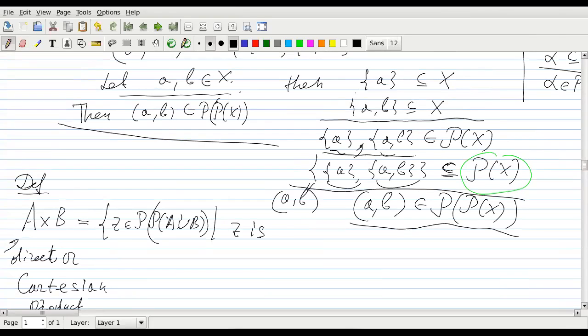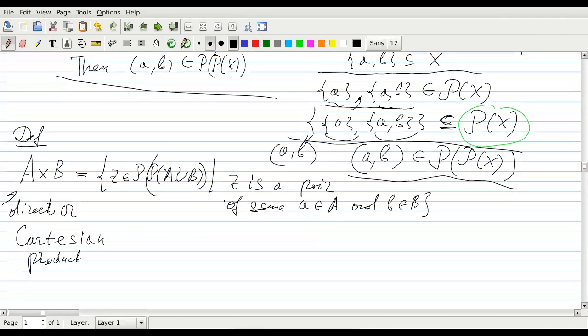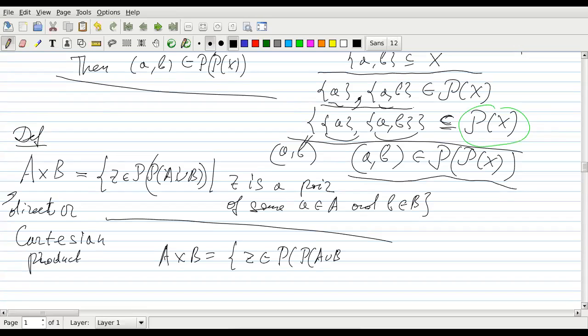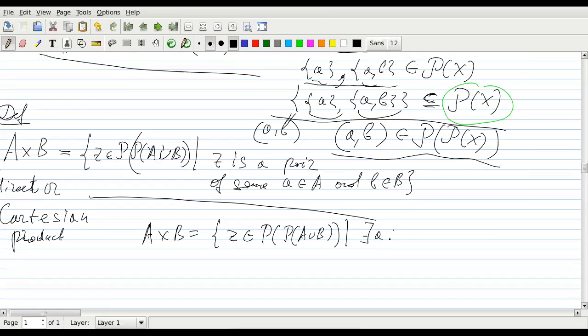So Z is a pair of some a from A and b from B. Or in symbols, there exists a in capital A, there exists b in capital B, such that Z is just their pair.